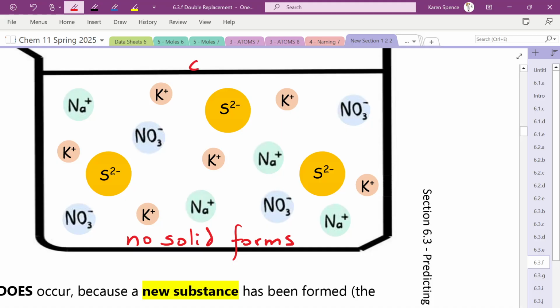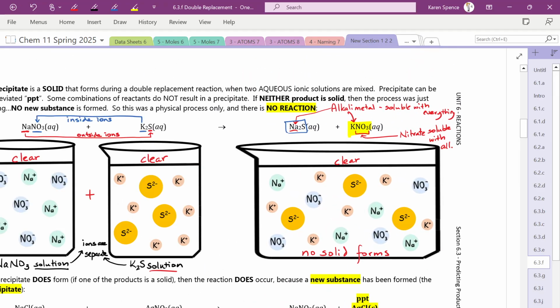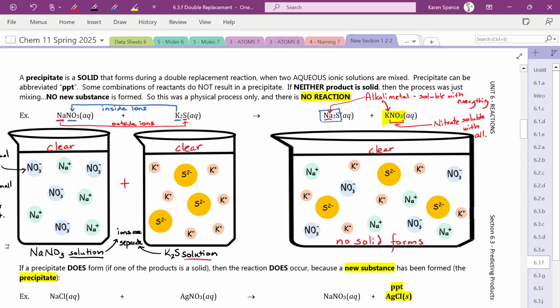It's going to be clear because if there's no solid, there's nothing to scatter the light, okay? And here's the big question. Did we get any new substance? Or did we just mix things? We just mixed. There's nothing new.